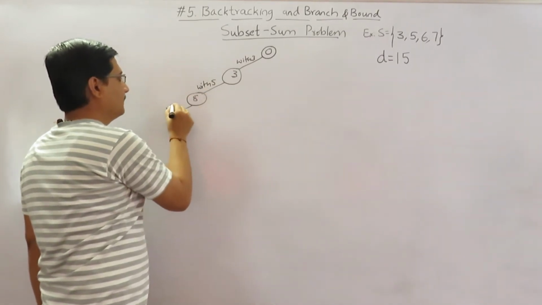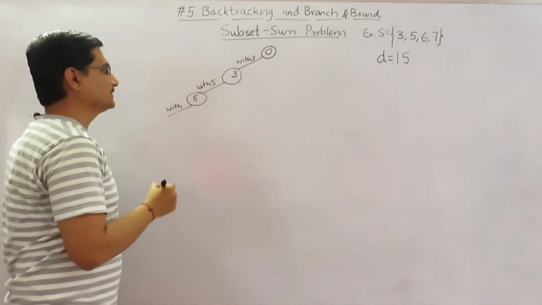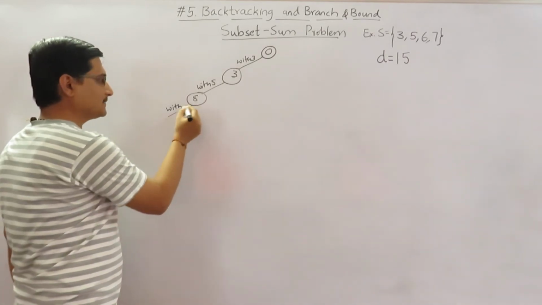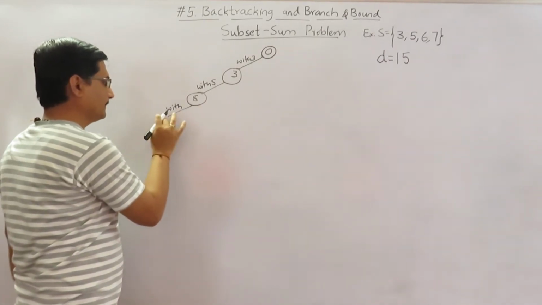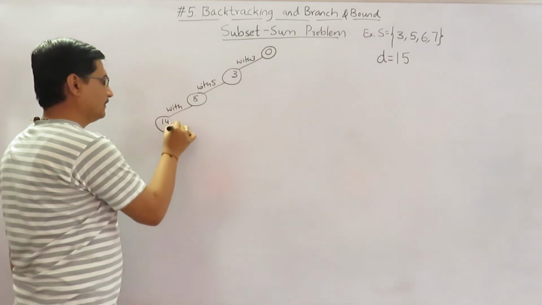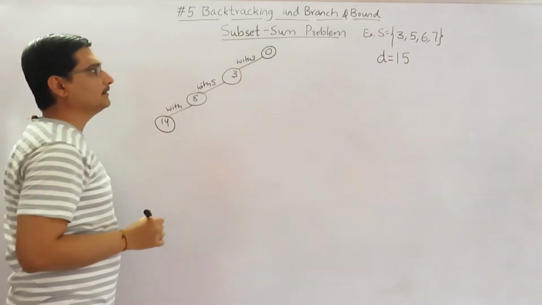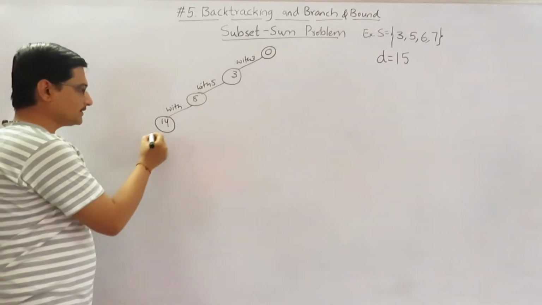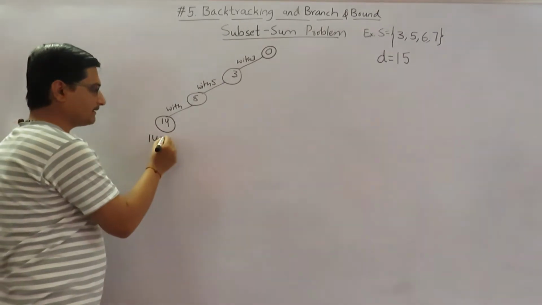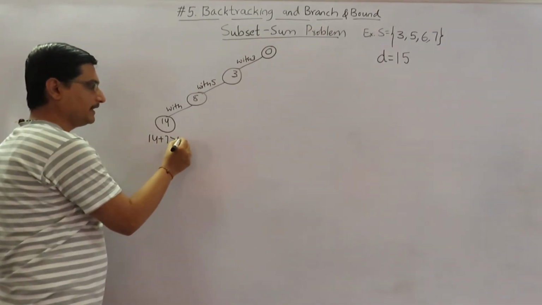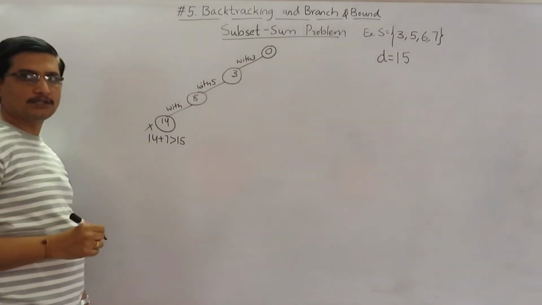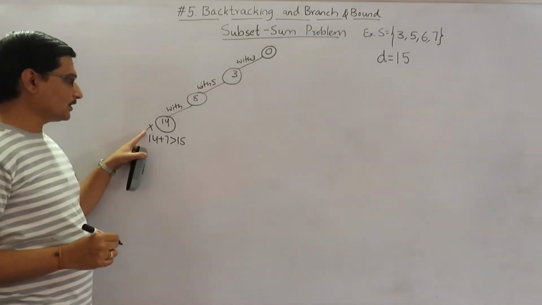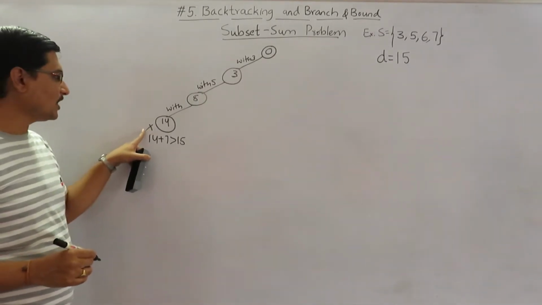Then with 6, 6 plus 8 is 14. Then with 7, if we go for 7, 14 plus 7 is greater than 15. It is not possible to get the solution from this node. So this node has become a non-promising node.